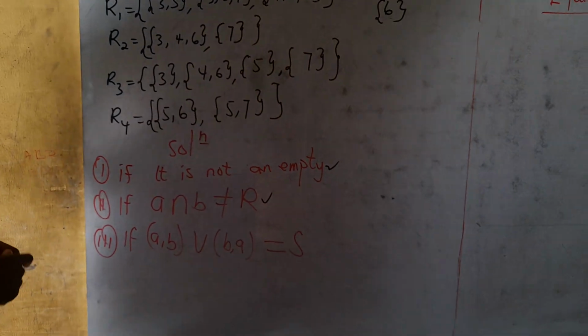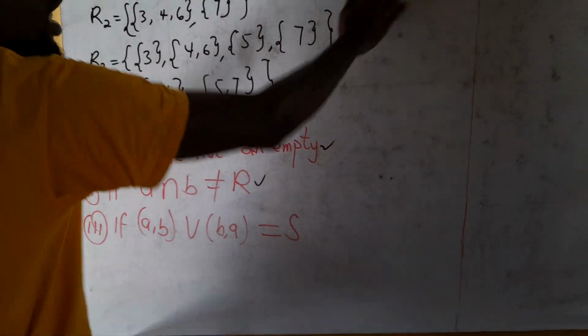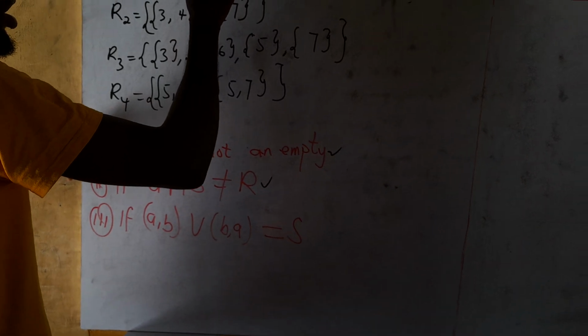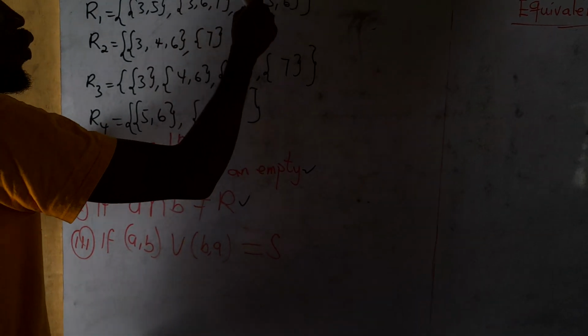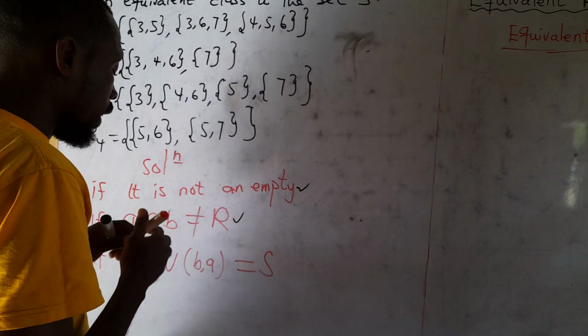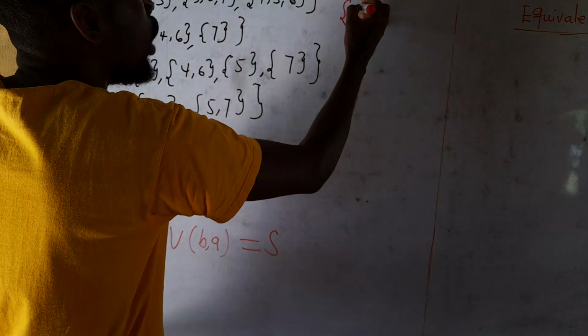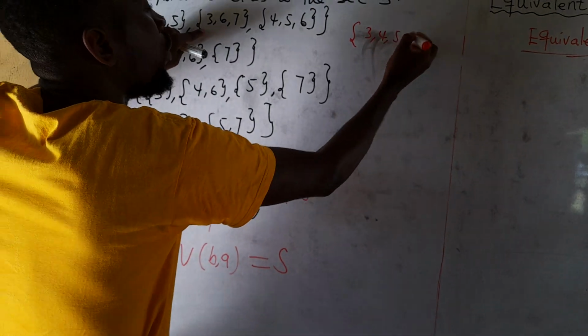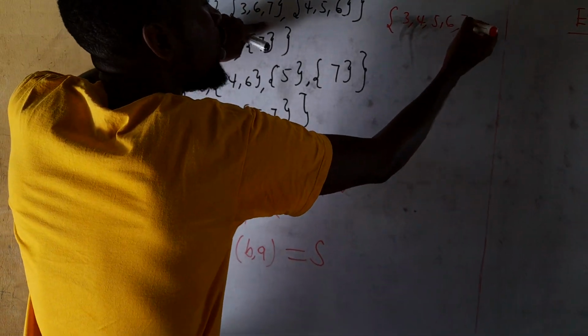We check the third condition. We find the union of all the sets and see the outcome. So {3, 5} union {3, 6, 7} union {4, 5, 7}. It means we put all the sets together. What are we having? We have 3, we have 4, we have 5, we have 6, we have 7.